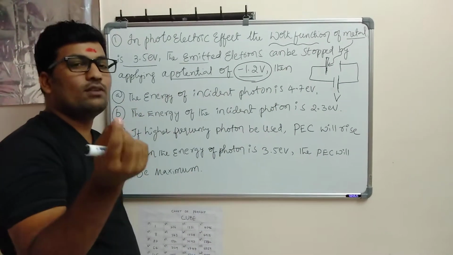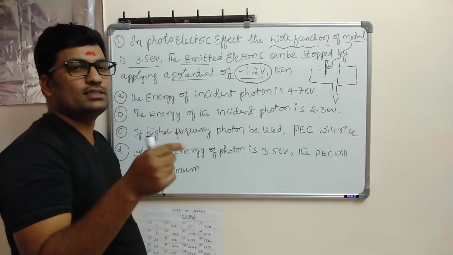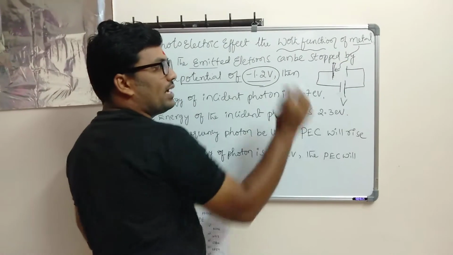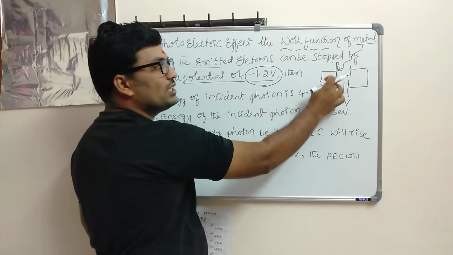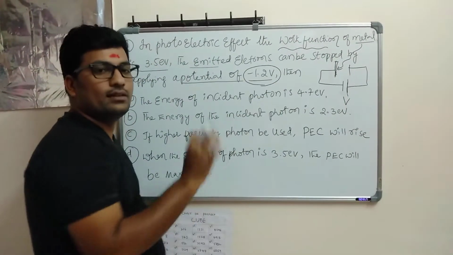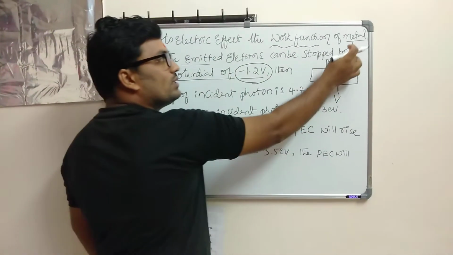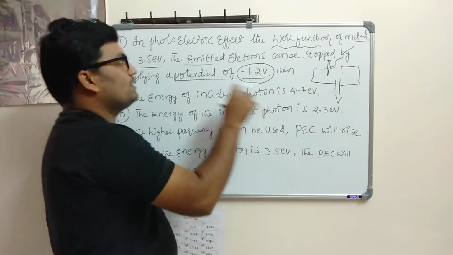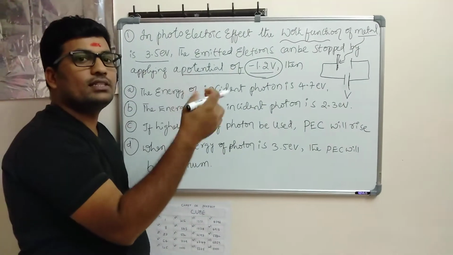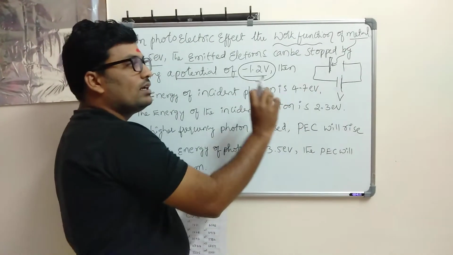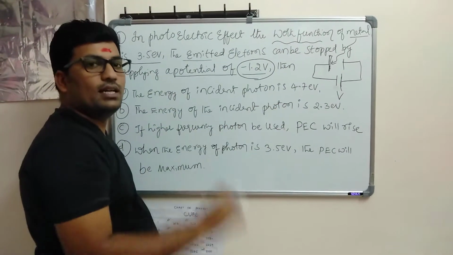You have to understand the question in two ways. One is simple: whenever the light is supplied, before that the voltage was 1.2 volt. After you supply the amount of energy, if it is 3.5 energy, the voltage and this energy automatically liberate the electron.